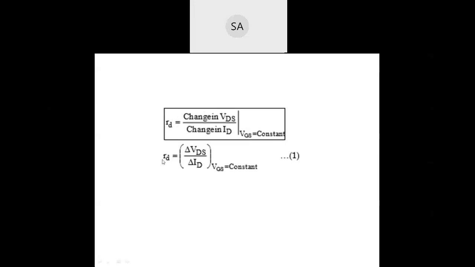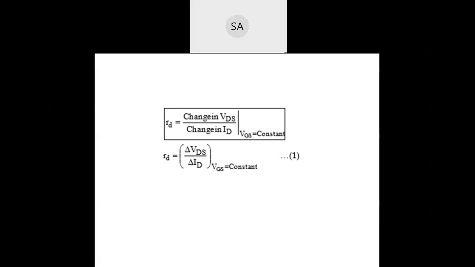That is represented symbolically. The delta symbol is used for the change in value. We already discussed this in the BJT also, for DC parameters and AC parameters. For alpha, we represented alpha as IC by IE, and alpha AC means delta IC by delta IE.